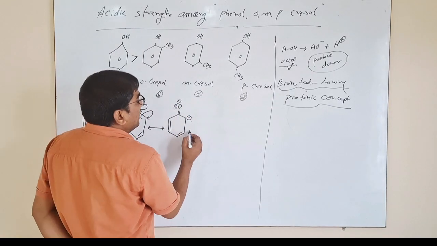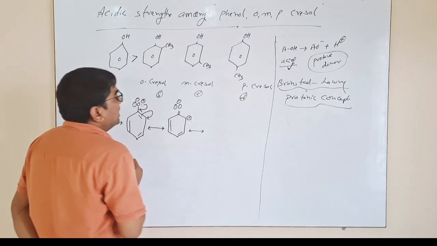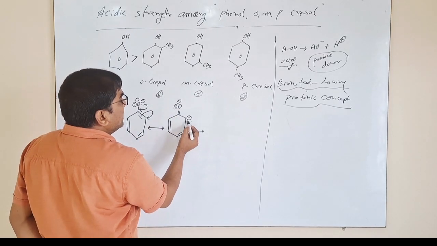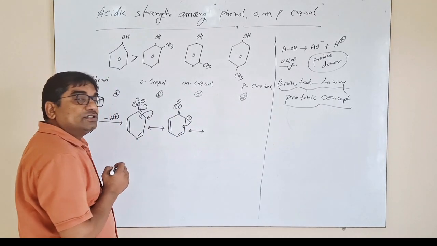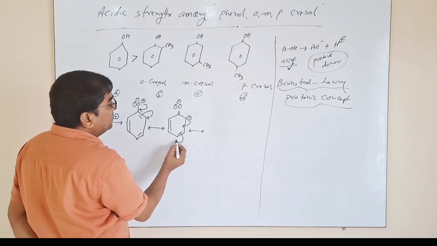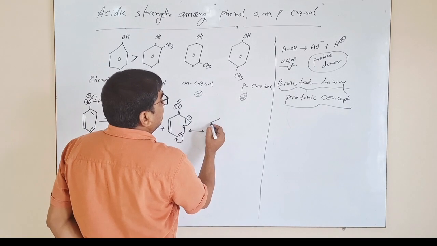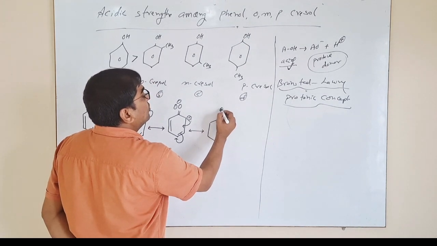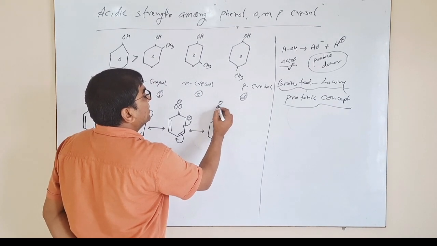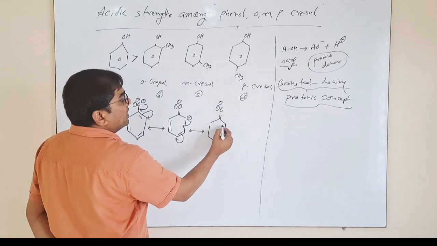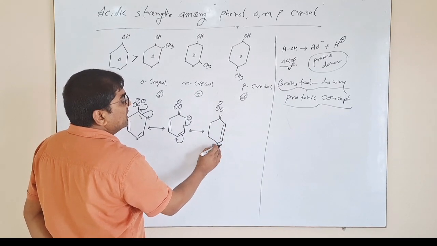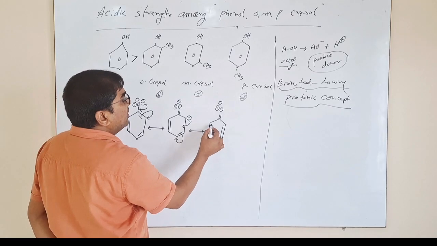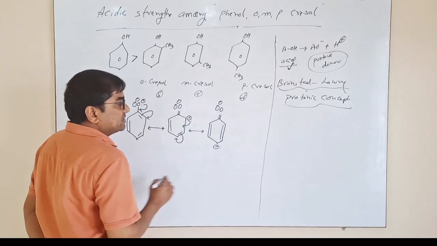Due to delocalization, the negative charge again converts into pi electrons, and the pi again into a lone pair of electrons. So it becomes double bond O, and the negative charge appears at the para position.